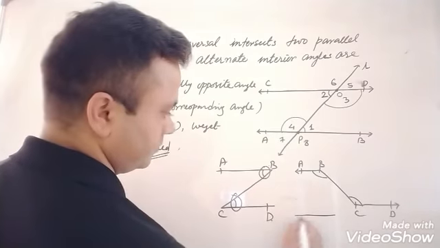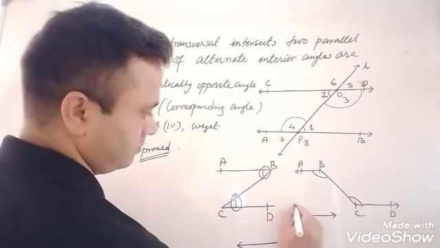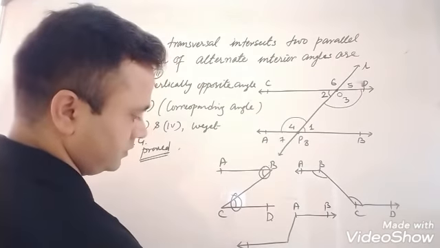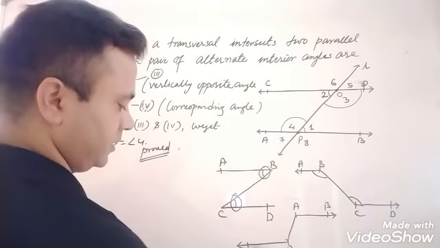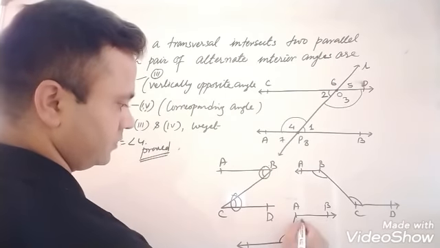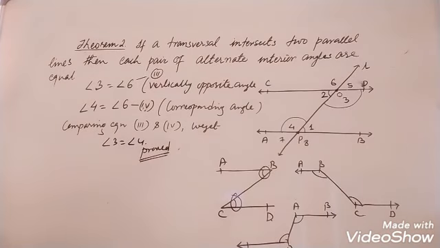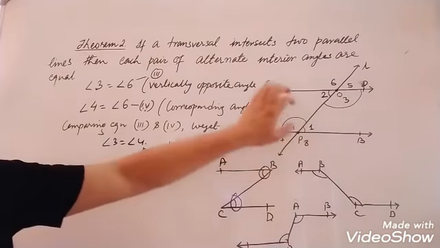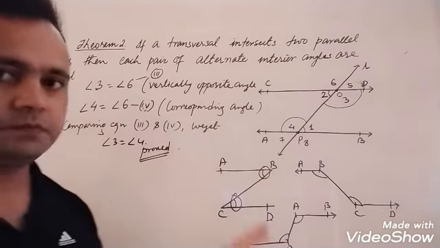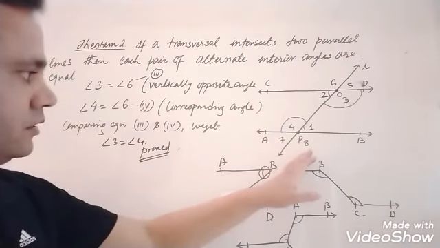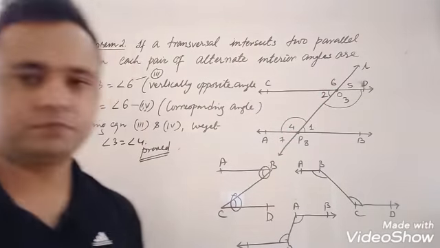Similarly, in another figure, if AB is parallel to CD, then this angle equals this angle. Only for the case of parallel lines. Okay, thank you.